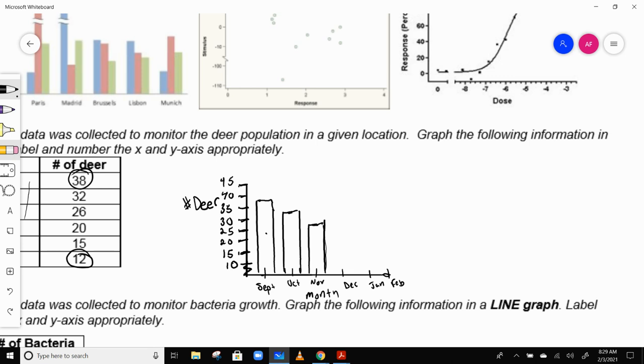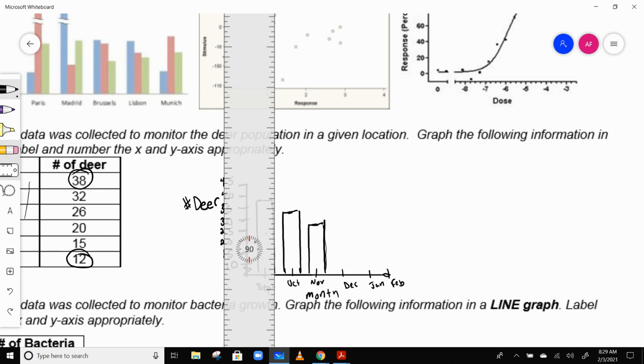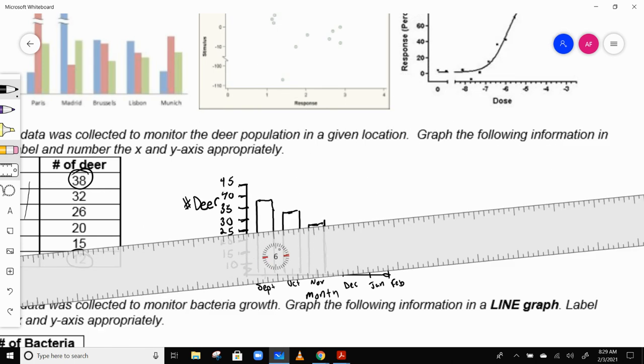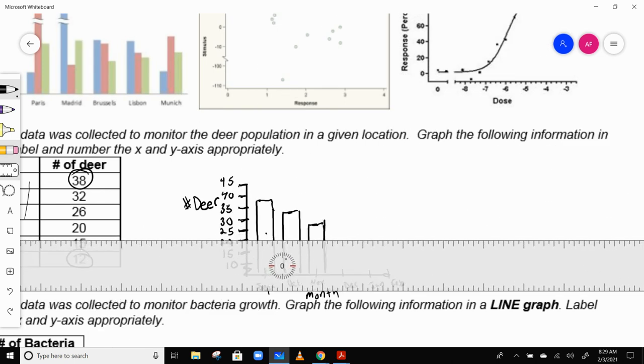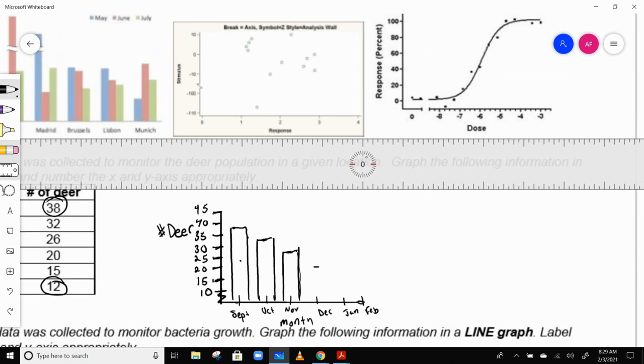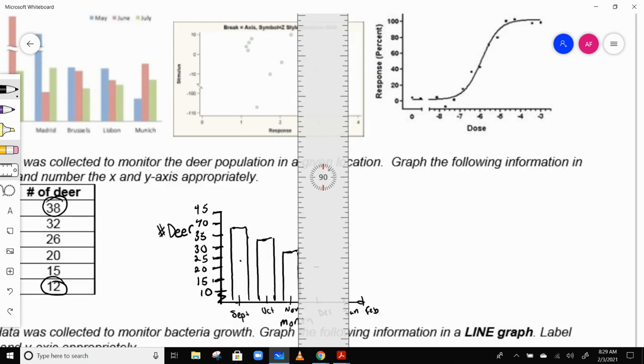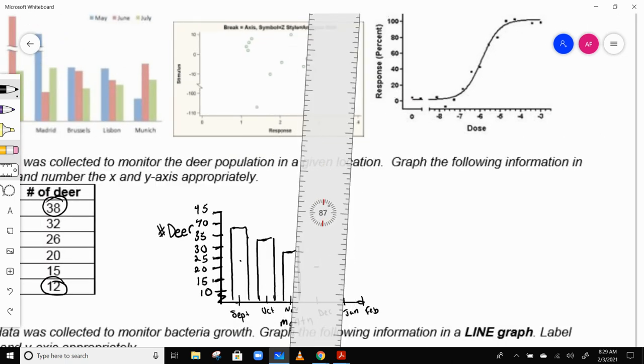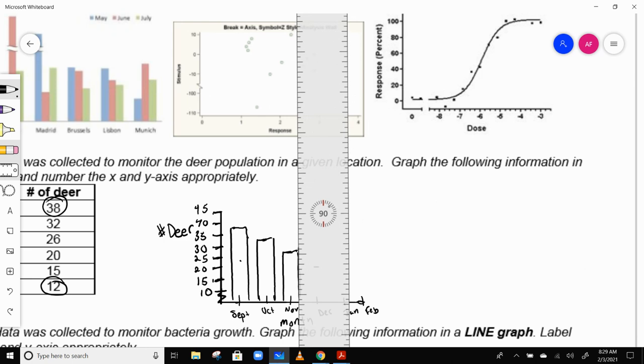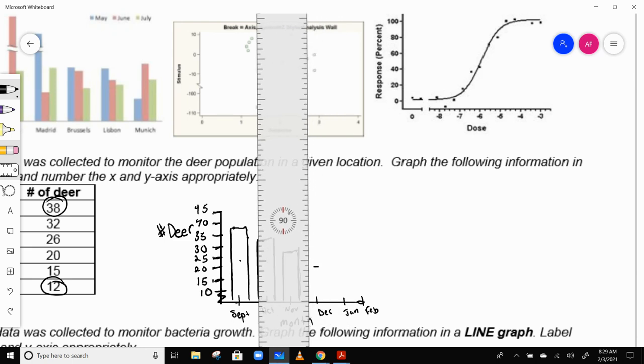So I'm using my paper to go across. Basically what I'm doing is taking my paper and looking, and it's like a ruler. I'm just taking the ruler and making my mark here. And then I'm flipping it this way to create a line here.